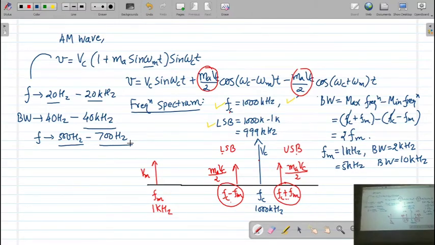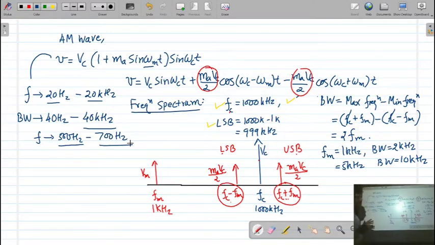So what I mean to say is that in normal conversation we are using a frequency from 500 to 700 Hz, and maximum it is 1 kilohertz. So what is the required bandwidth in that case? Required bandwidth will be only 2 kilohertz. Correct?